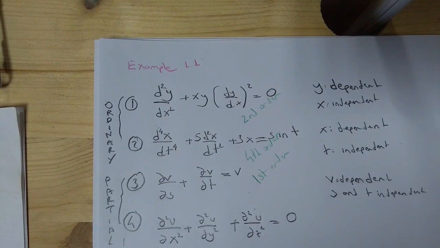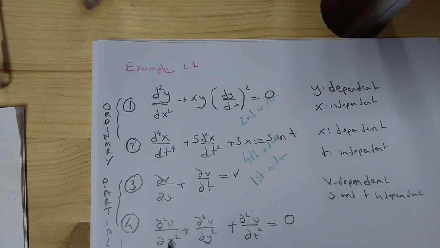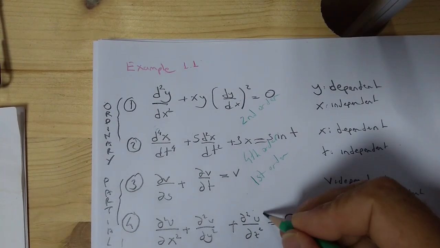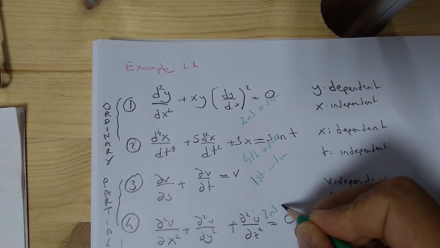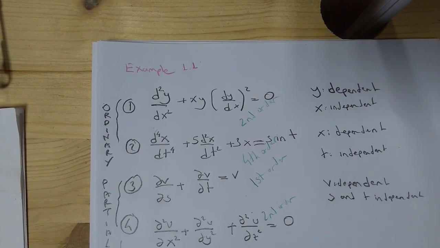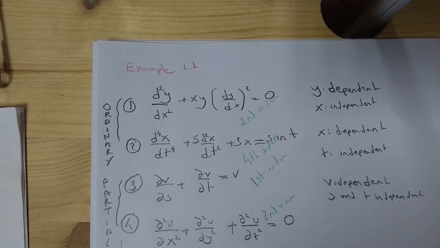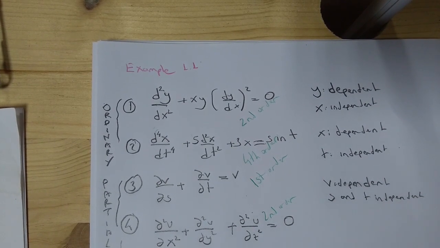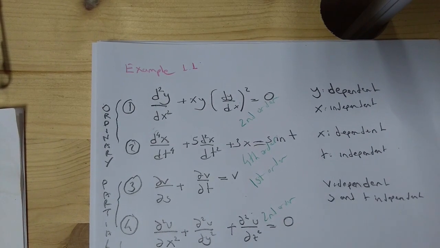How about this one? This is second order. So this is another classification according to the order of a differential equation: first order, second order, third, fourth, whatever. And another classification, ordinary and partial.